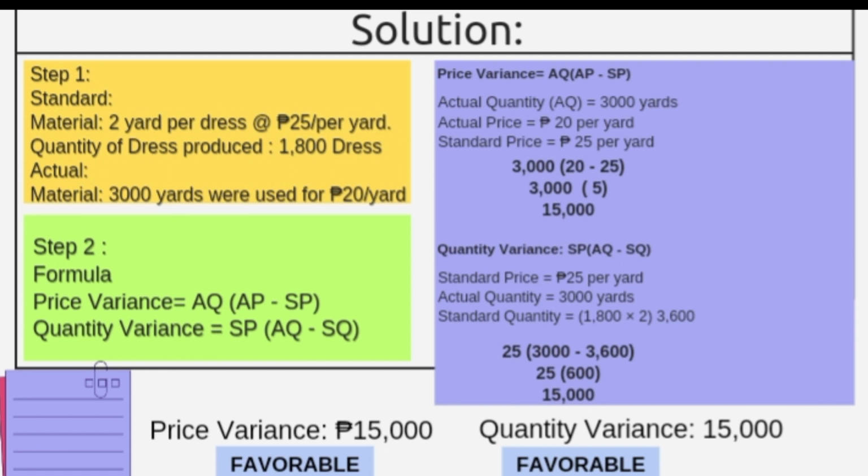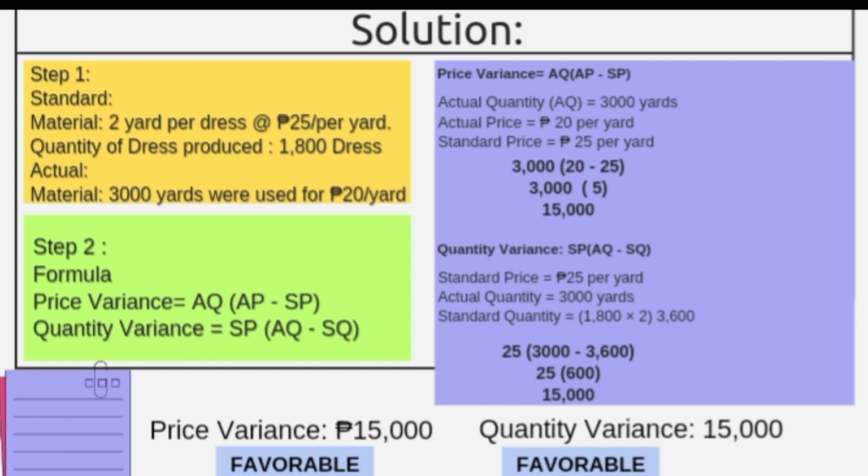So 20 minus 25 would be -5, or it can just be 5. And then bring down the 3,000 and multiply it by the 5. We get an answer of 15,000 for price variance. And this is considered favorable because the business's actual price is much lower than their standard price.